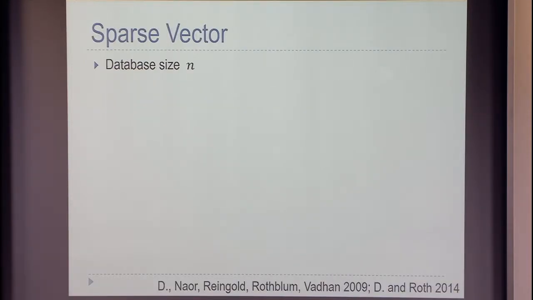Okay. Now, here's a serious algorithm. It's called the sparse vector algorithm, and it has proved to be extremely useful. And this, I guess, will be the one real proof in the talk. So we have a database of size n.